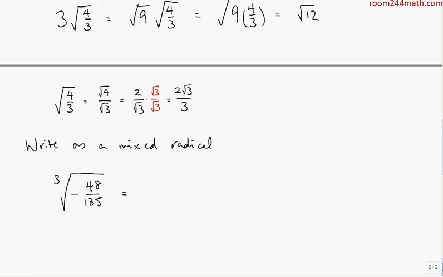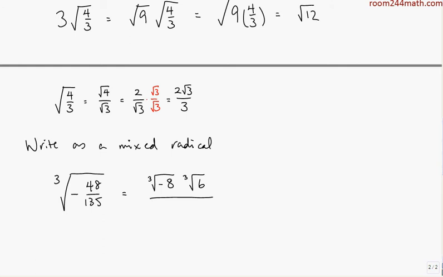Because we're taking the cube roots of these things, if we can find a perfect cube factor, then we can simplify that as an integer. And we can attach the negative sign either to the numerator or the denominator. It doesn't really matter. If we attach it to the numerator, we can take out a perfect cube factor of negative 8. Remember, a negative is also a perfect cube. So here we can write this as the cube root of negative 8 times the cube root of 6. Right? Negative 8 times 6 gives you negative 48.